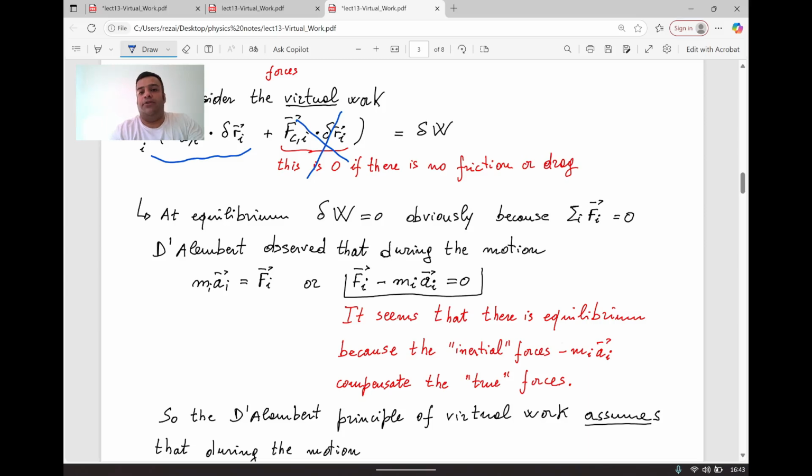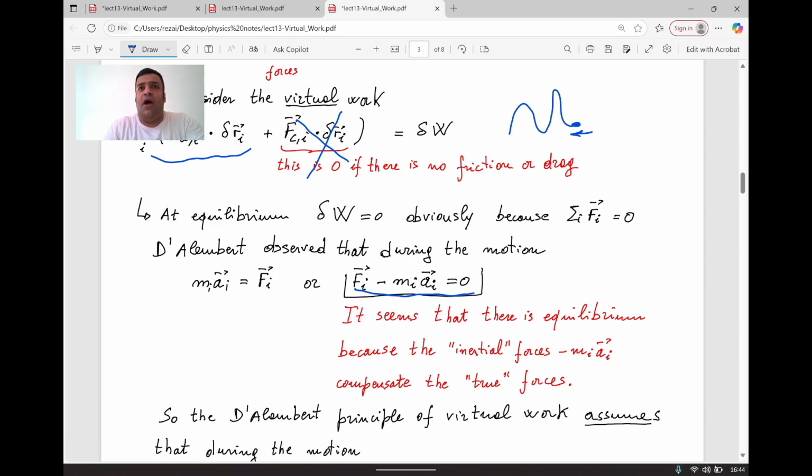For example, you have something like this. At this time you have a force, but when you take a snapshot, you consider it an equilibrium point, and the inertial force is exactly the same but on the opposite side. Therefore F_i minus m_i a_i is 0, because we are at the equilibrium point.